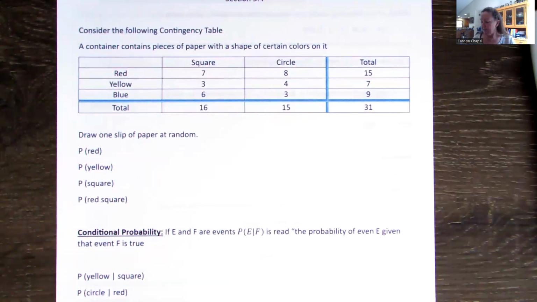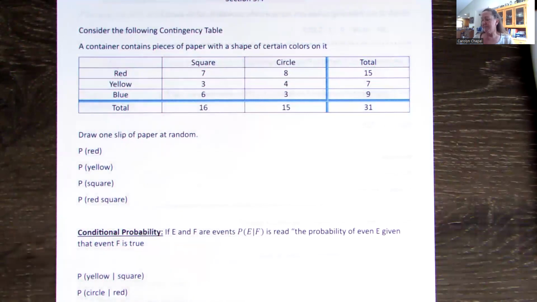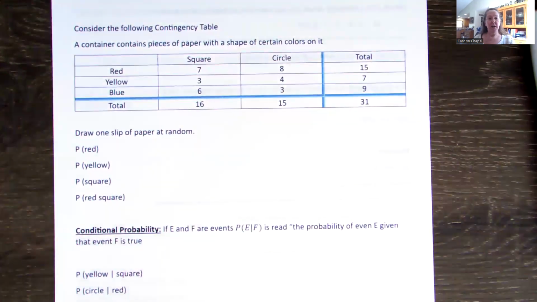A contingency table just means a table in which you have different things broken down. For example, it just has the information in this table here. I've got a container. It contains some pieces of paper, and each piece of paper has either a circle or a square drawn on it and colored in.